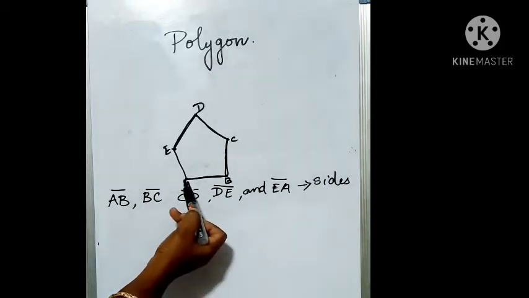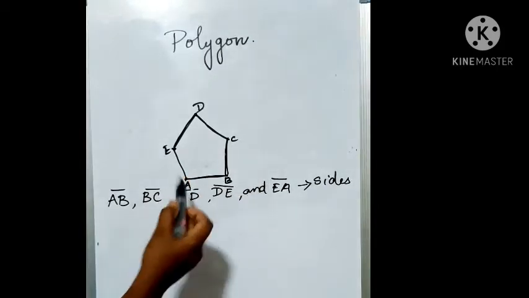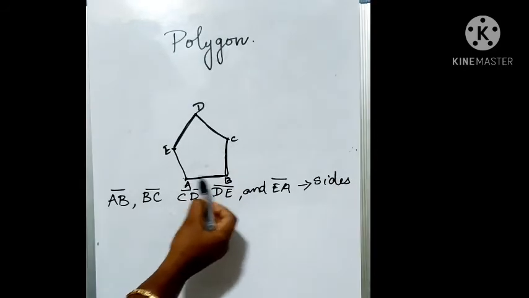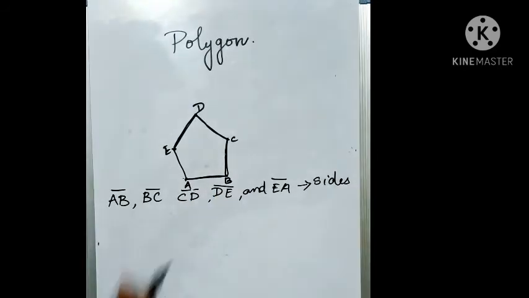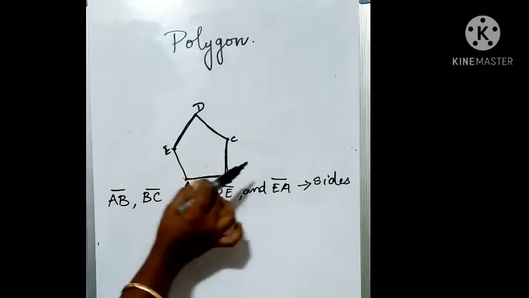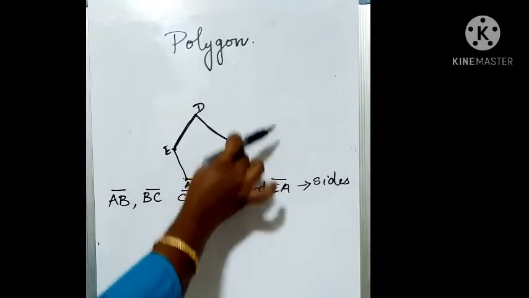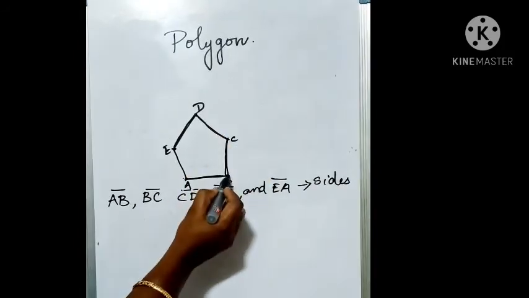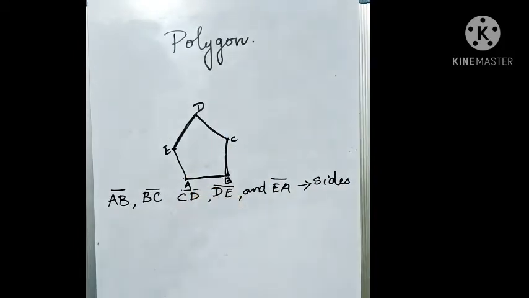If I join AB, imagine this is a stick, a matchstick. This point I can say is AB, and the next is BC. These two sticks I join together, they form a point. That point is called a vertex, and vertices is the plural form.